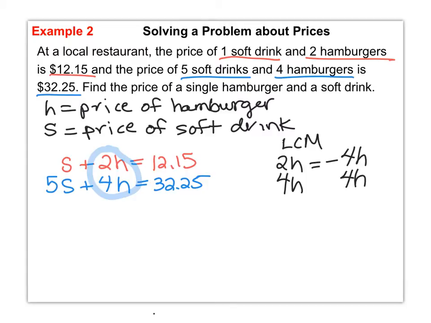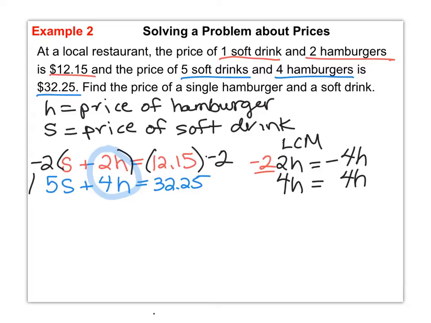So we need to figure out what to multiply the first equation by to make it a negative 4H. And what we're going to do is multiply by negative 2. Since the second equation already has a positive 4H, there's nothing we have to do to the second equation. So let's multiply the first equation by negative 2. And again, whatever you multiply the left side of the equation by, multiply the right side by the same value.